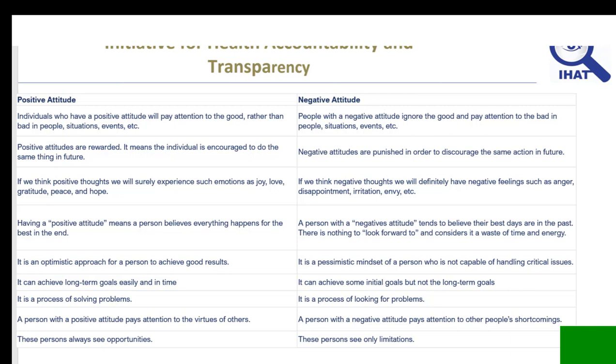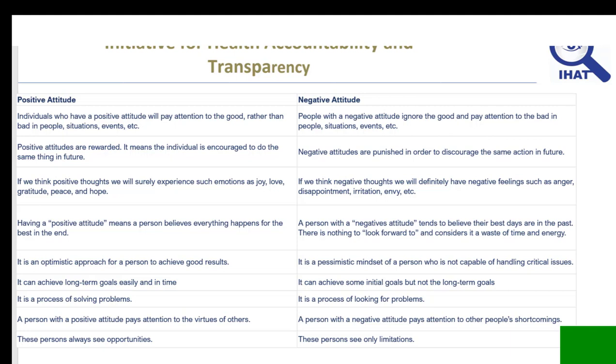Individuals who have a positive attitude will pay attention to the good rather than the bad in people or in situations, while people with a negative attitude ignore the good and pay attention to the bad in people, in situations or events. Positive attitudes are rewarded. It means the individual is encouraged to do the same thing in future, while negative attitudes are punished in order to discourage the same action in future.